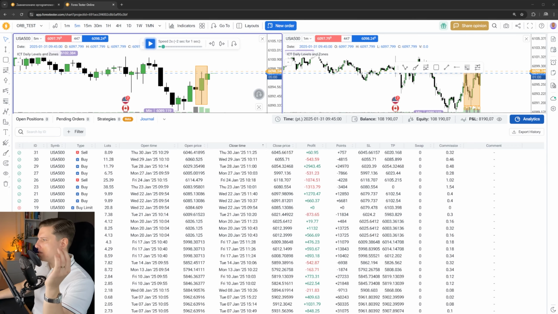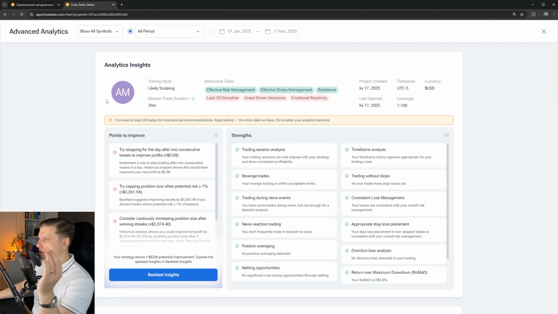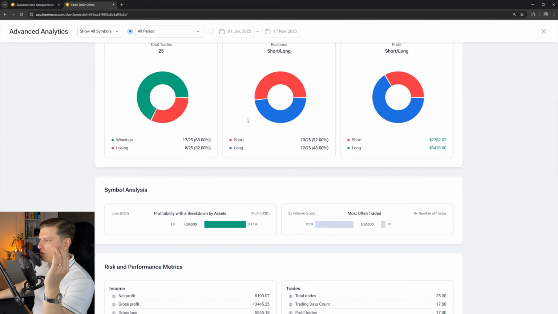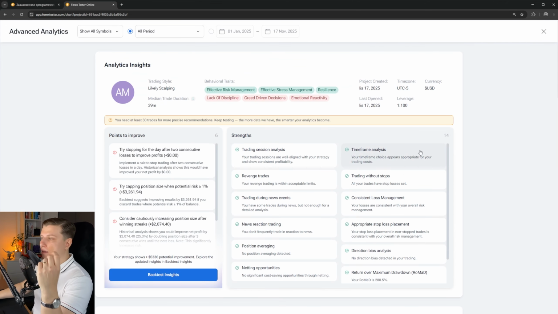So let's analyze all of it. Also, the 30 trades gave us almost 8% of gain on our capital, which is amazing. Our behavioral traits are effective risk management, effective stress management, and resilience, and that's pretty cool. But we have lack of discipline, grid-driven decisions, and emotional reactivity.